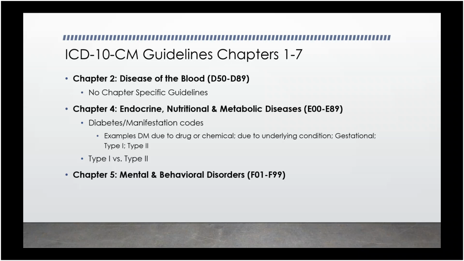It specifically has to say insulin dependent, IDDM, insulin dependent diabetes. So that's type 1. NIDDM is non-insulin dependent diabetes, and that's type 2. If the doctor does not specify type 1 or type 2, type 2 is the default that we utilize.